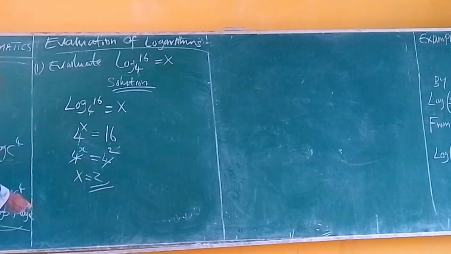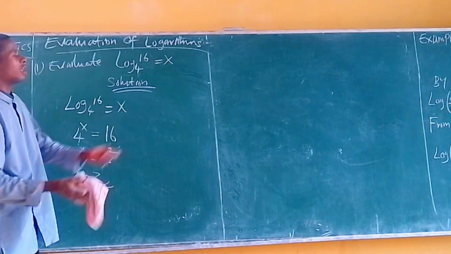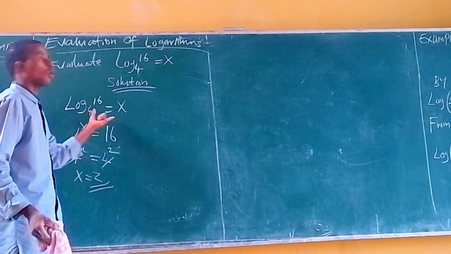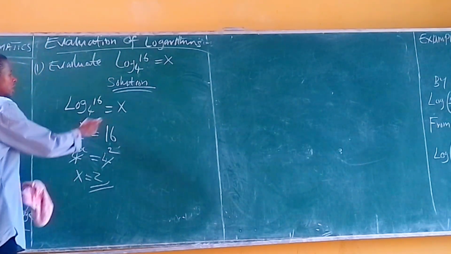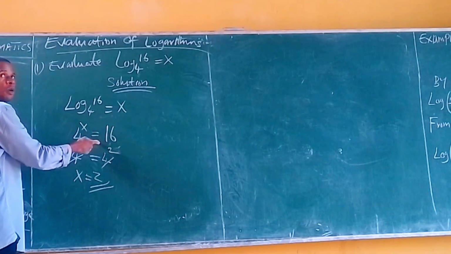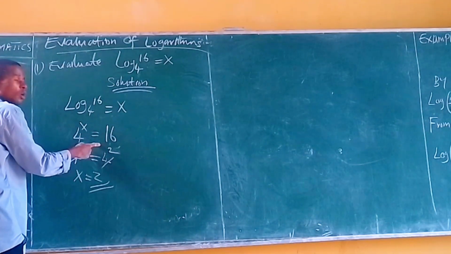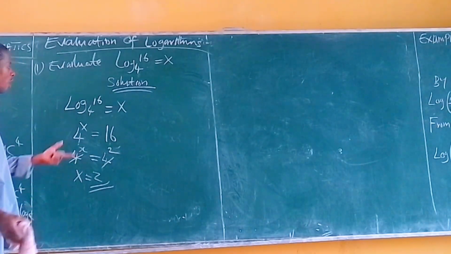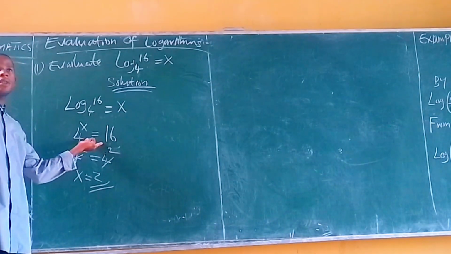Any question? Our aim now was to evaluate the logarithm. We are trying to convert it into indices form, so when you convert to the form of indices, you can evaluate it.